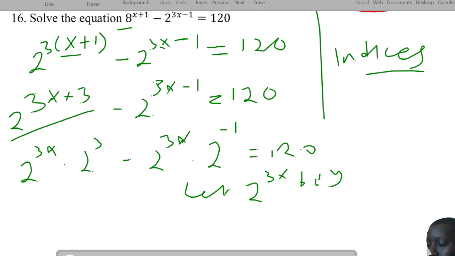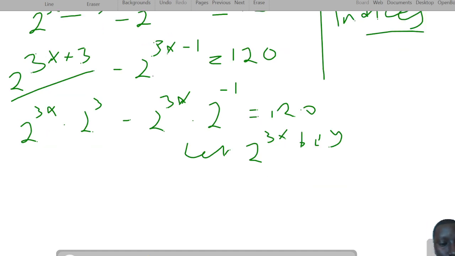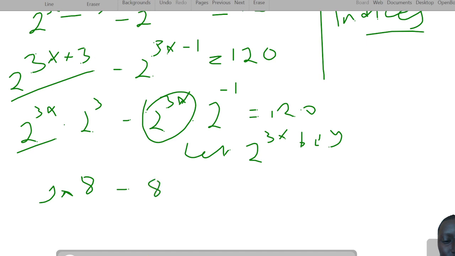So if we let it be y, then we are going to have this as y. So this y times 2 power 3 is 8. So that's y times 8. Then minus, this is again y. And always remember that 2 to the power of negative 1 is basically 1 all over 2.